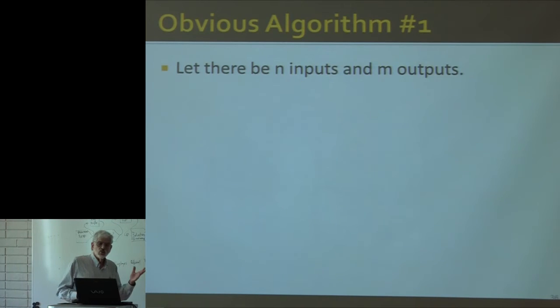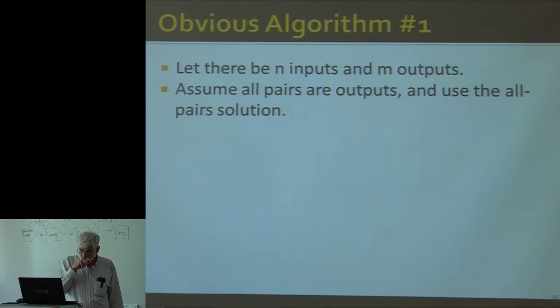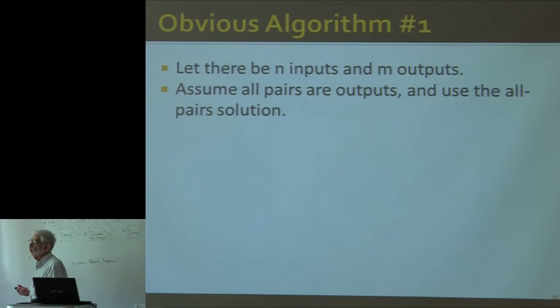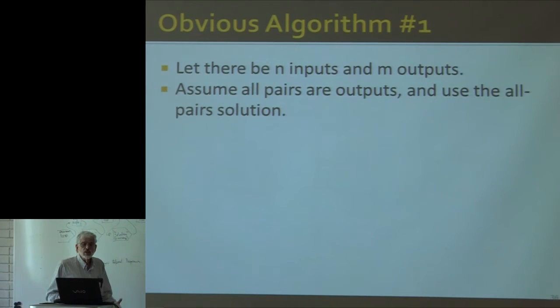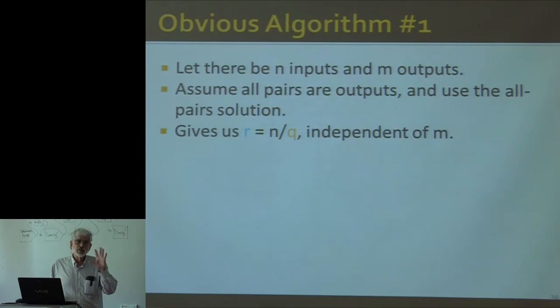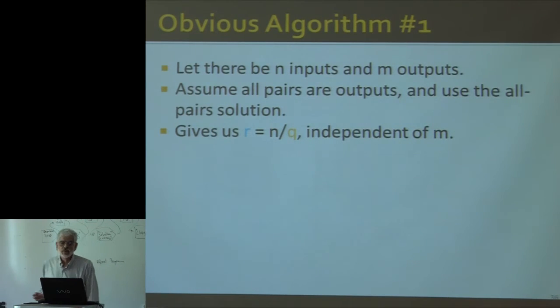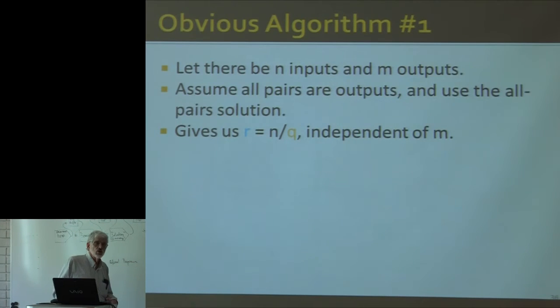Now m could be n choose 2, or about n squared over 2, or it could be much less. One thing we could do is just ignore the fact that we don't need all pairs as outputs and just pretend we do. Then we have the solution to the all pairs problem. Again, if we take the optimal algorithm that I didn't tell you about, what you'll get is r is n over q, and it doesn't depend on m. m can be as high as n squared over 2. It doesn't matter.